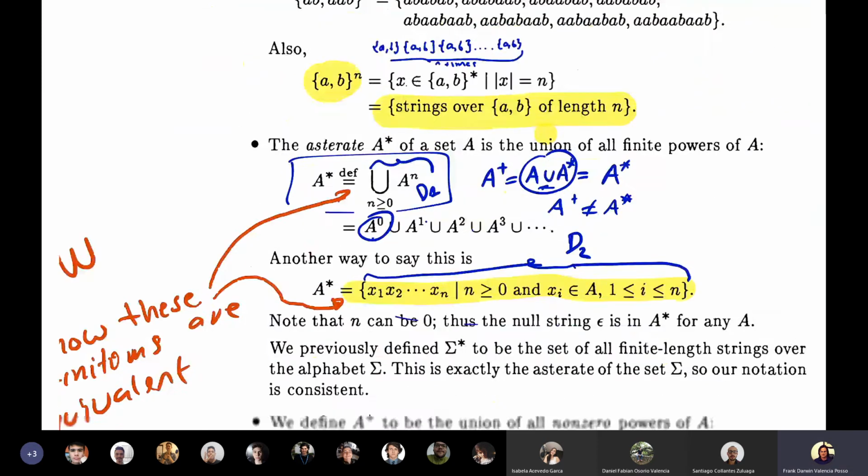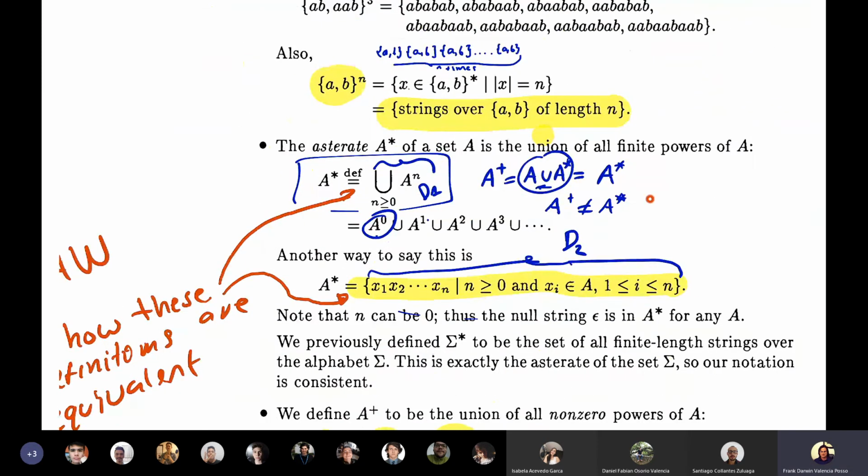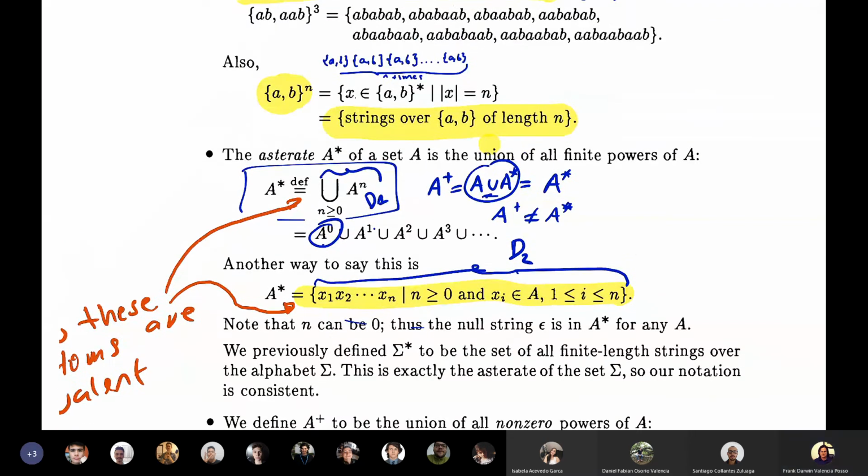Okay, so here there is a more difficult definition. A star, A asterisk, also, is the union of all sets of the form A to the n.